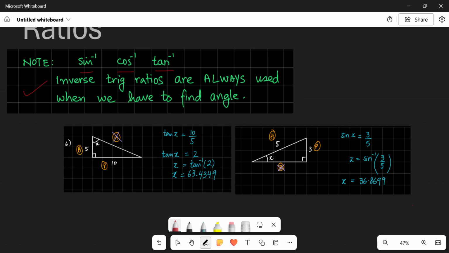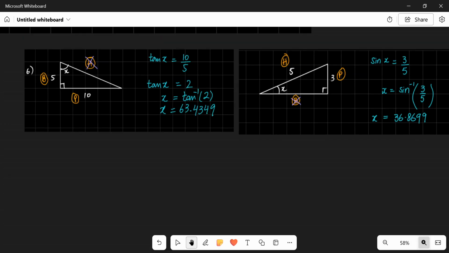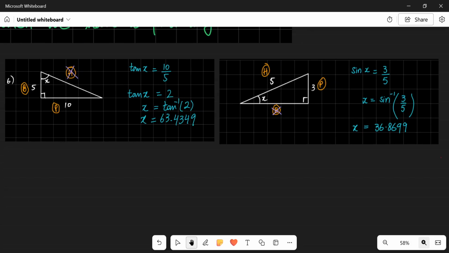So the example here, the first one. In the first example, x is given, and we need to find the angle x. For this we need to find which theta, which formula we need to apply, and which two things are given to you.